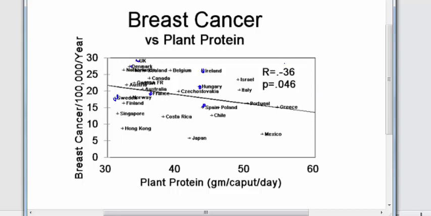This is the trend line, we'll call it, this line that's going through. We'll notice that plant protein is on the independent axis, and then breast cancer is on the y-axis.